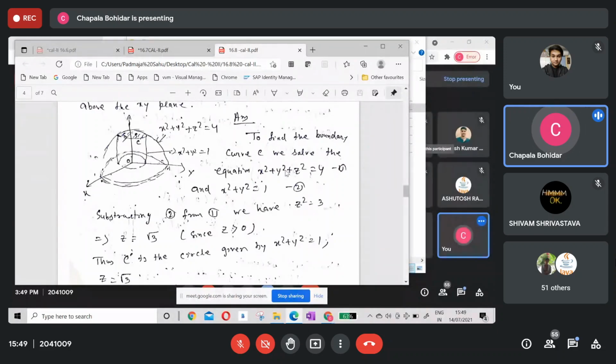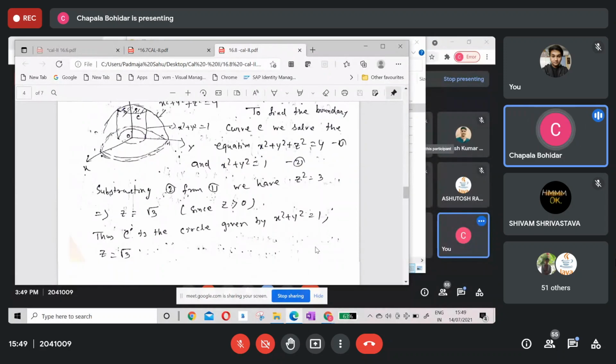Subtracting 2 and 1, we get that z square is equal to 3. This implies that z is positive, since it is above the xy plane. So z is equal to root 3, since z is greater than 0. C is the circle given by x square plus y square is equal to 1 and z is equal to root 3.